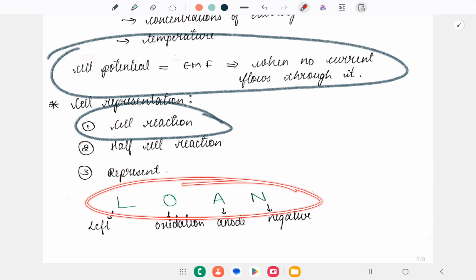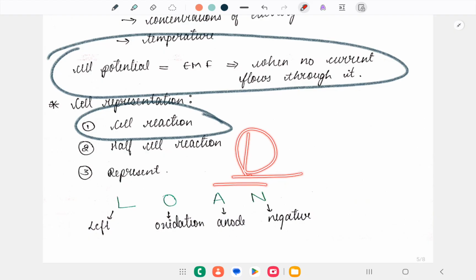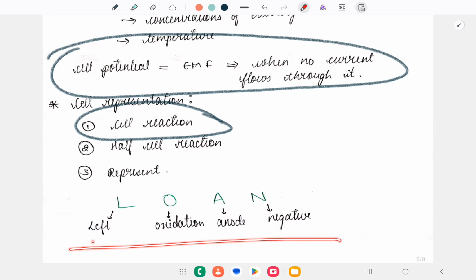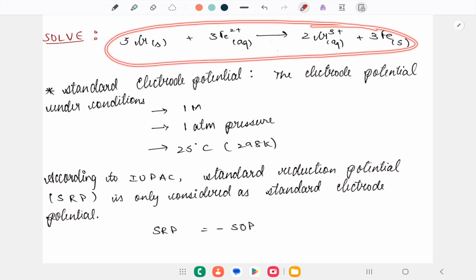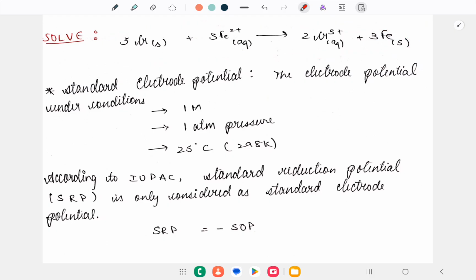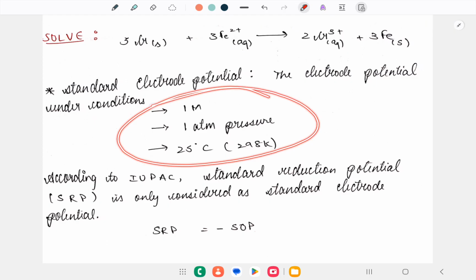Remember the word LONE: on the left we have oxidation, which is the anode, and it is negative. Remember this: on the left we have oxidation, which is the anode, and it is negative. I'll explain the cell representation with an example in a while. First we'll complete what the standard electrode potential is. It is the electrode potential under certain conditions, and these are the conditions.